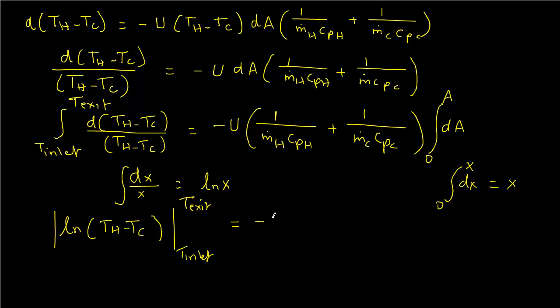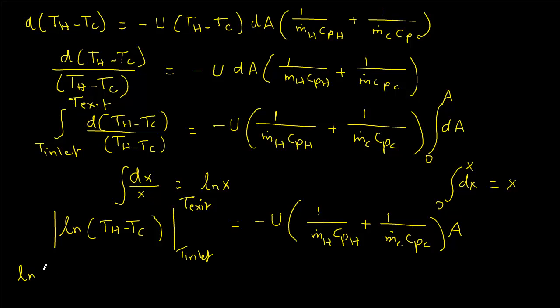And so for the right hand side we have minus U 1 over m dot h Cph plus 1 over m dot c Cpc times A. Now the left hand side can be written as natural log of Th exit minus Tc exit, that is when we evaluate it at the upper limit, minus natural log of Th inlet minus Tc inlet.